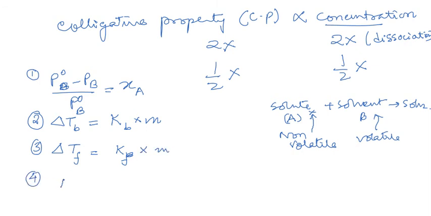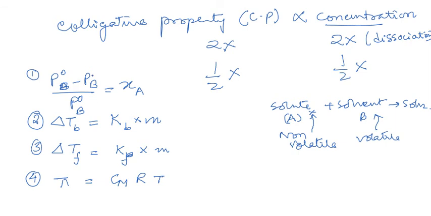And then the fourth colligative property is the osmotic pressure, which equals the concentration in terms of molarity multiplied by the universal gas constant, and then again multiplied by temperature.